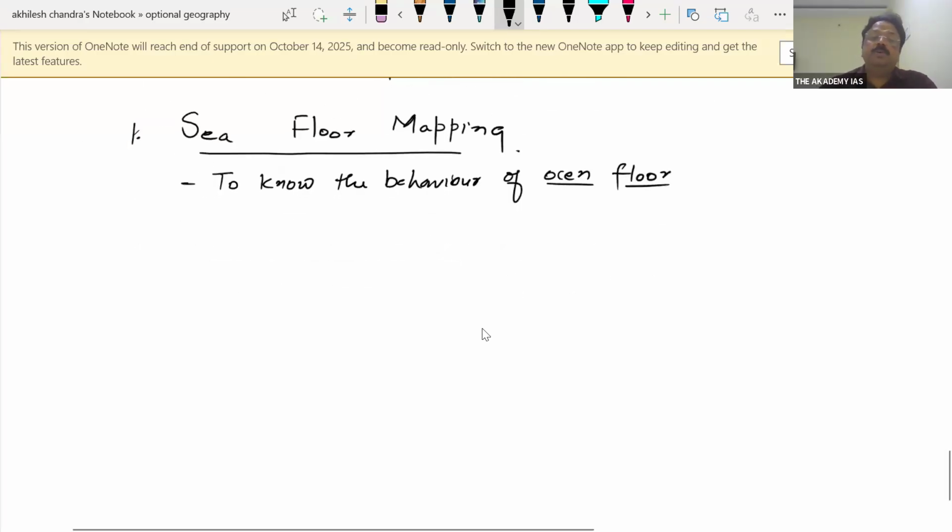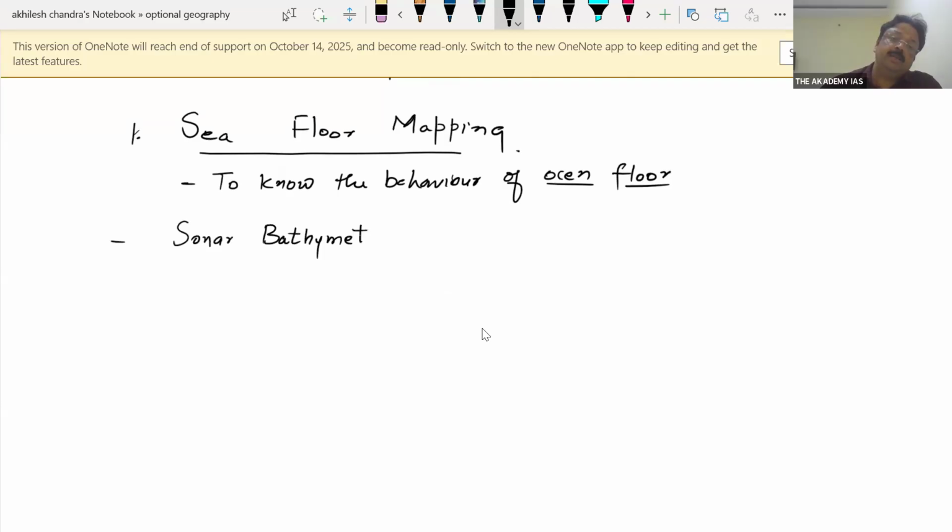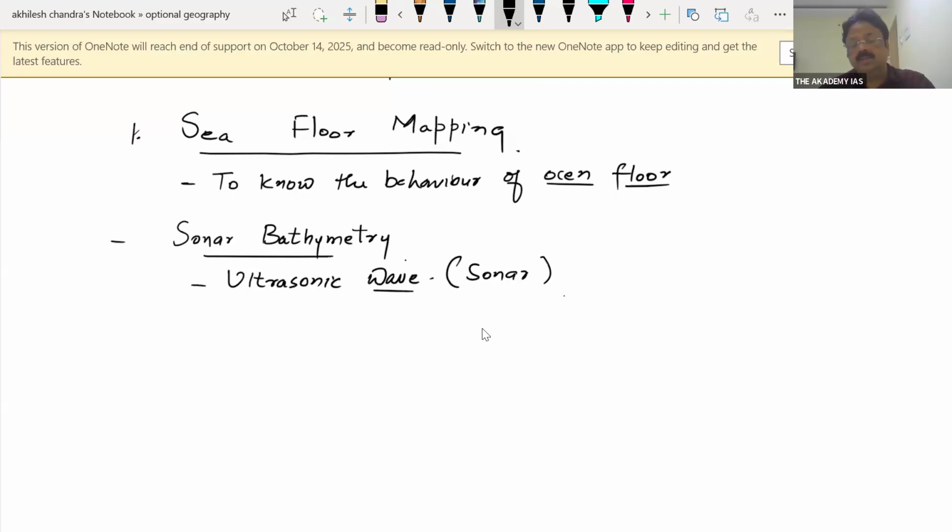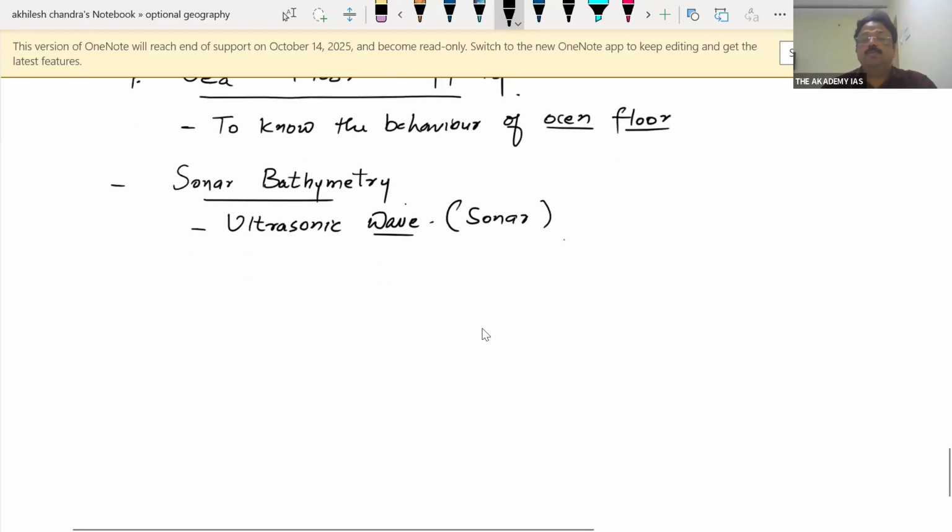And seafloor mapping was done using a technology called sonar bathymetry. In sonar bathymetry, ultrasonic waves were used in an instrument called sonar, sound navigation and ranging, and the sea floor was mapped.